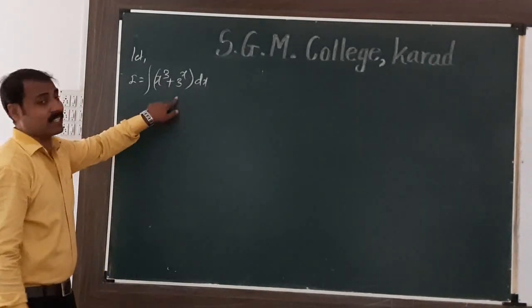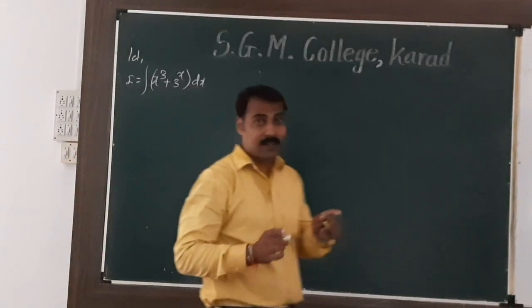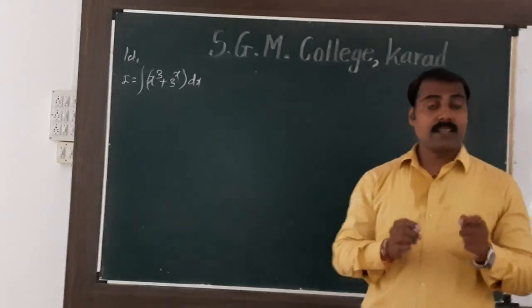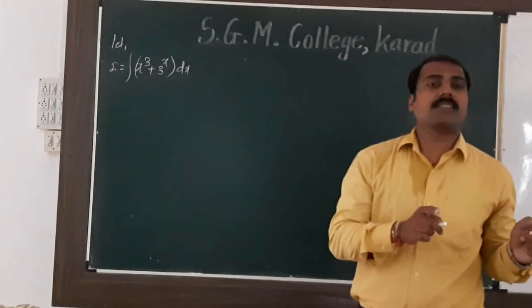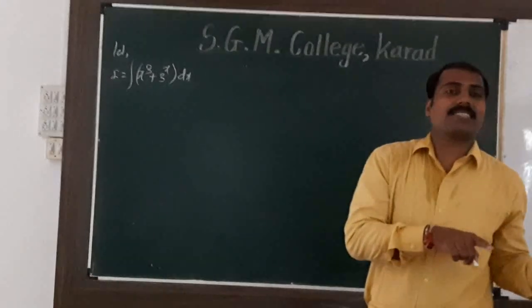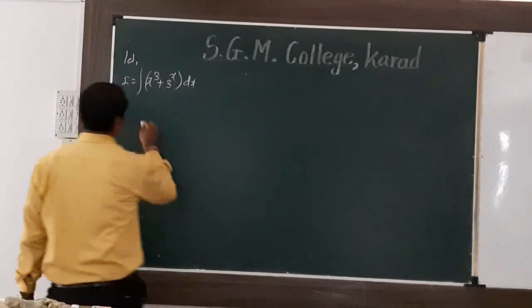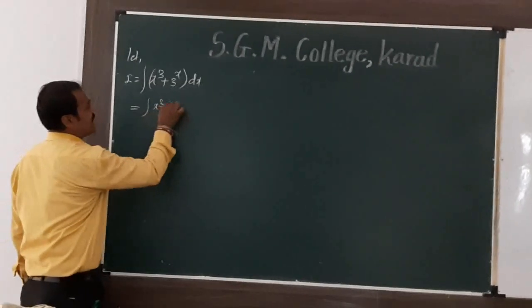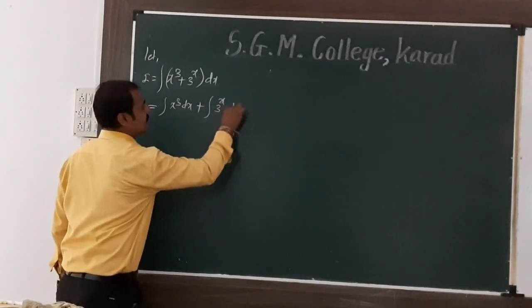Inside the integration, there is addition, and if inside the integration there is addition, then we separate the integration sign with the dx. So it is integration of x cube dx plus integration of 3 raised to x dx.